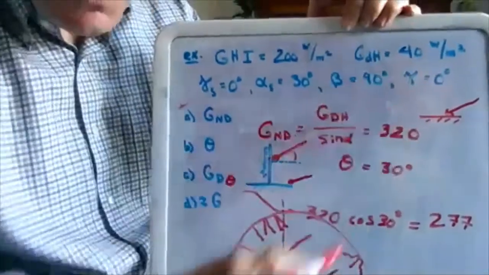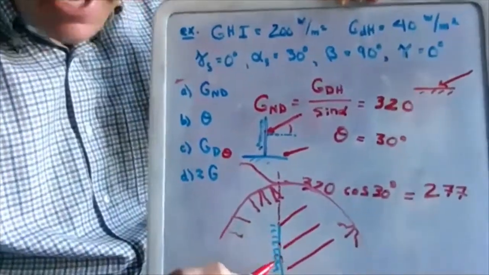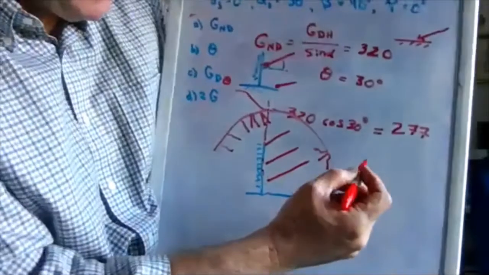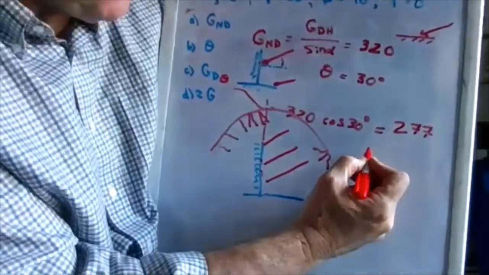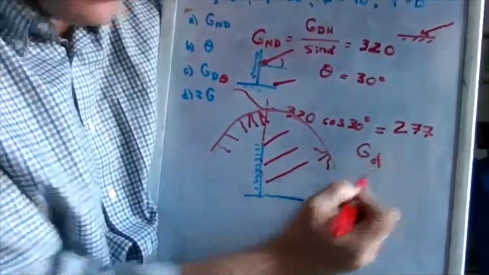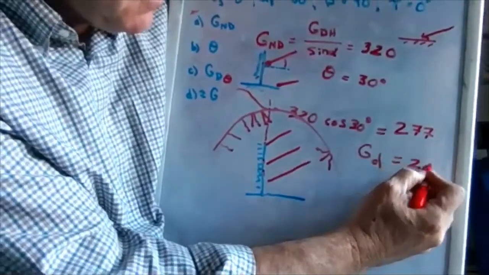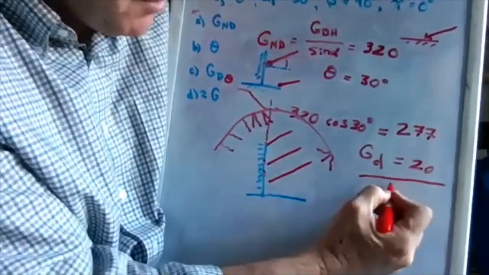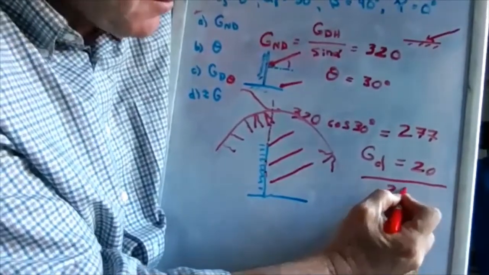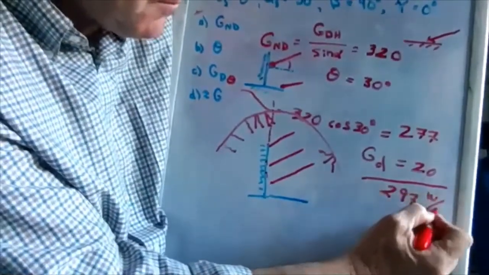This surface is exposed to about half the sky. So we could say the diffuse on our surface, which I'll call G sub D, is about half of 40, which is 20. And so our total would be about 297 watts per meter squared.